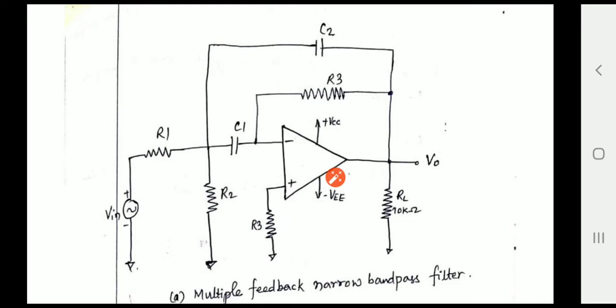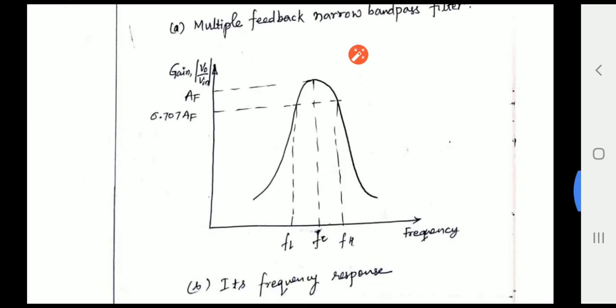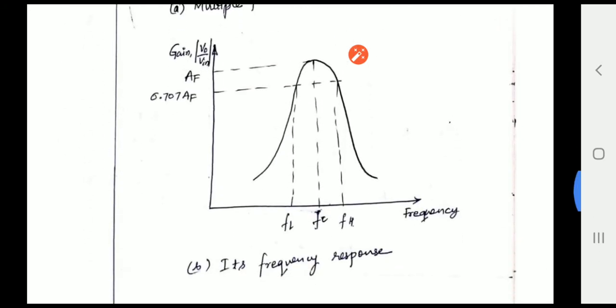When the frequency of the input signal reaches the cutoff frequency FL, it uses the capacitor C1 to pass the frequency components. When the input signal frequency reaches the cutoff frequency FH, it uses C2 to pass the low frequency components. This is shown in the graphical representation here.